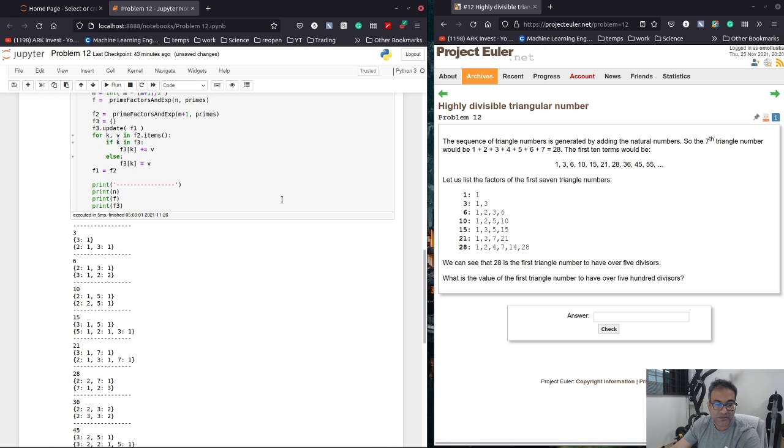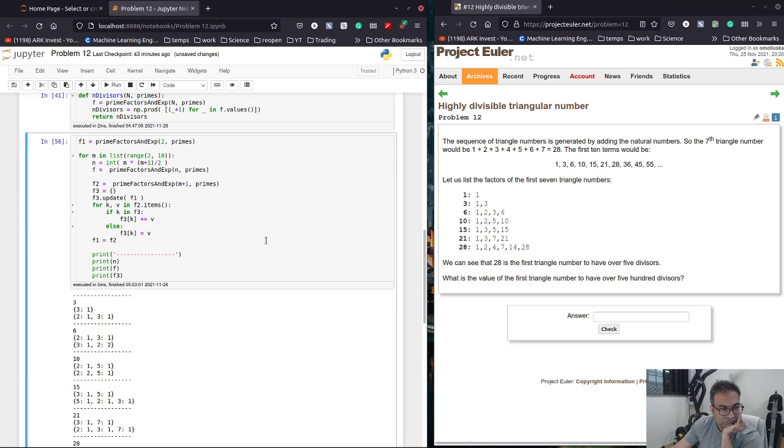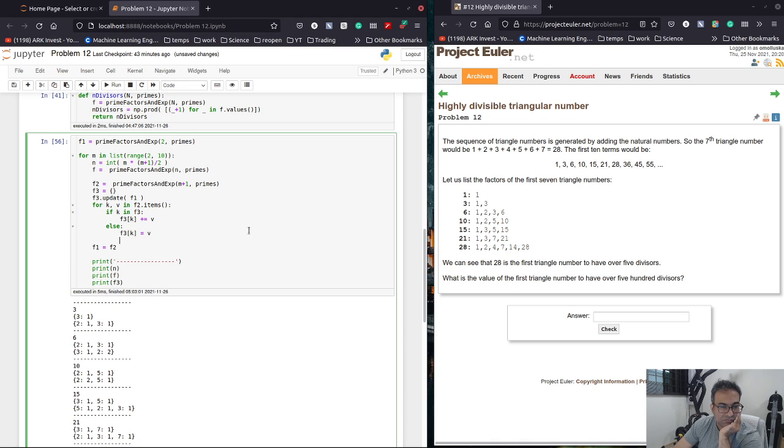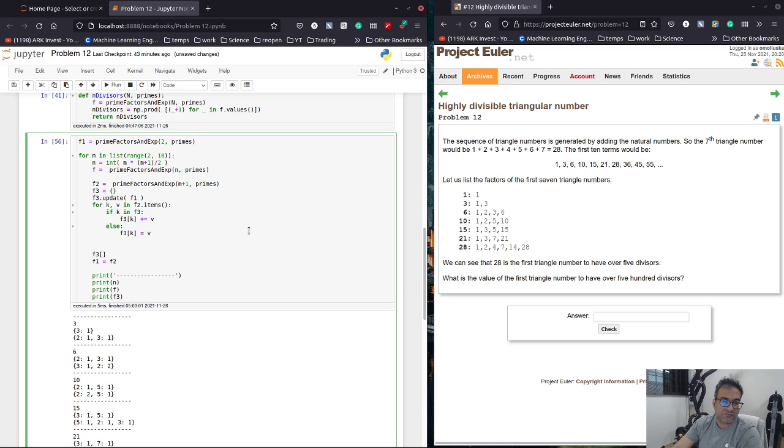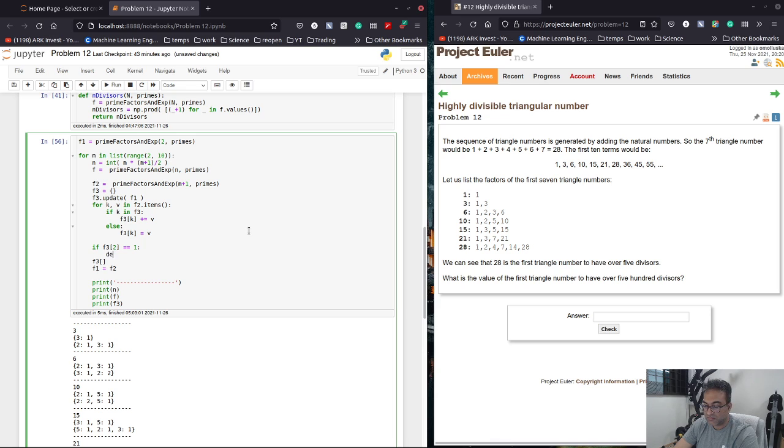Okay, and then we need to reduce f3. Okay, f3, if f3 of 2 is 1, then delete f3 of 2.